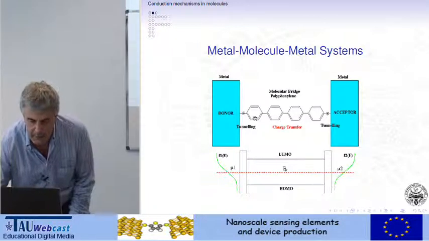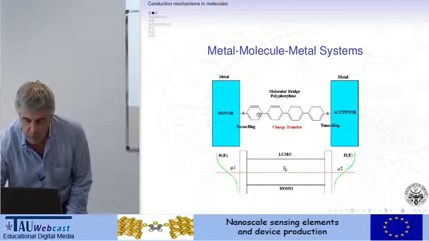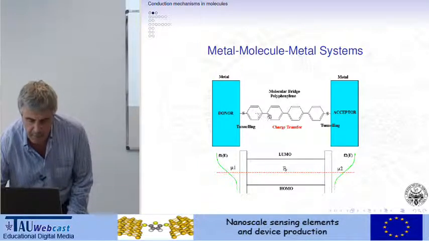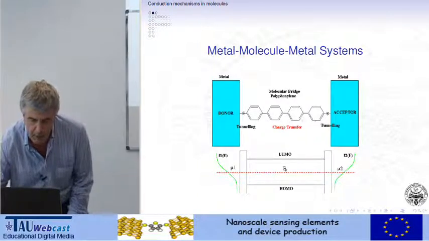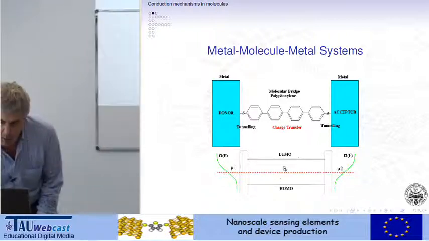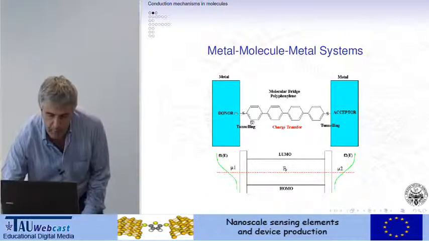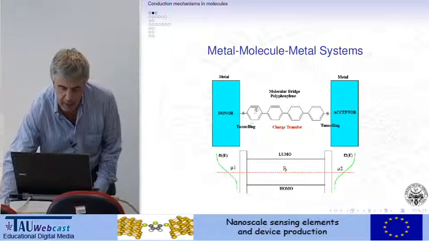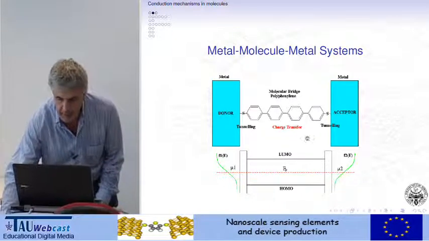Probably we have to understand which kind of conduction mechanism will be more effective in short and long molecules. Probably when the molecule is long enough, the hopping mechanism is more effective. When the molecule is shorter, probably inside the molecule we have a conduction mechanism similar to tunneling.